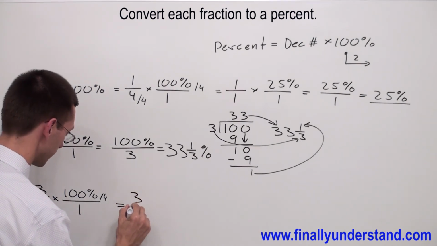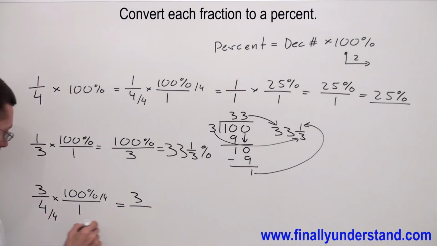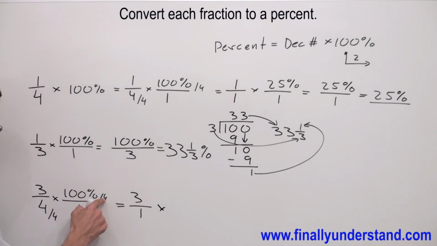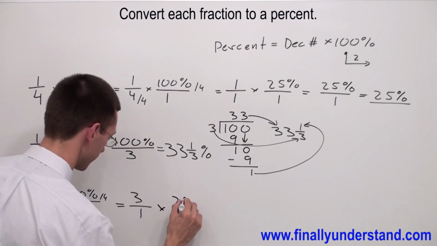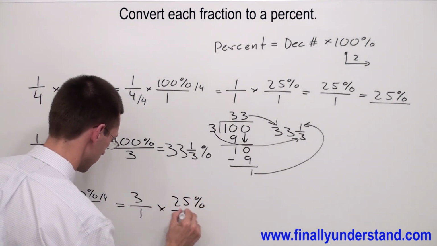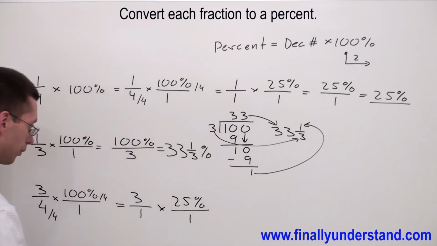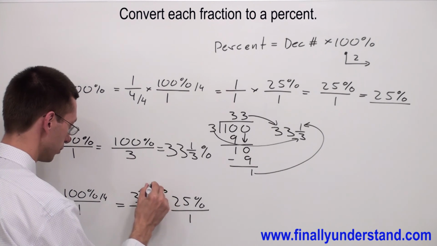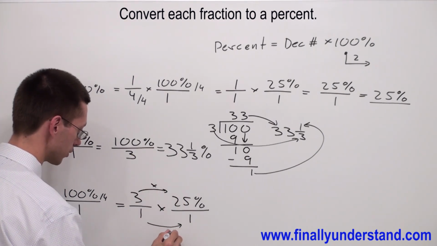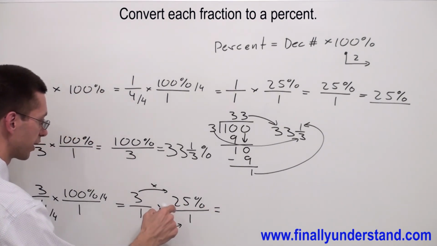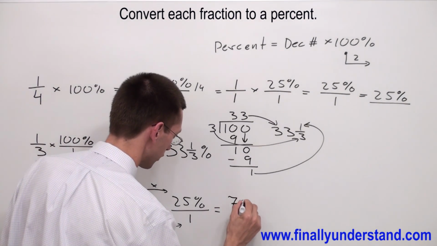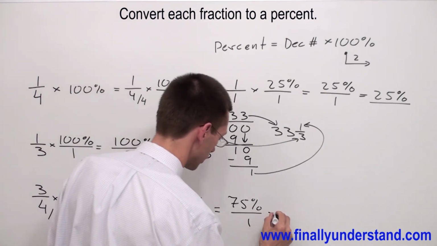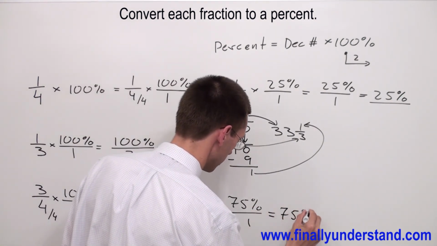So I'm going to have 3 over 4 divided by 4 is 1 times 100 divided by 4 is 25. 25% over 1. Now I can multiply the fractions. I'm supposed to multiply numerator by numerator and denominator by the denominator. 3 times 25% is 75% over 1. 75% over 1 is equal 75%.